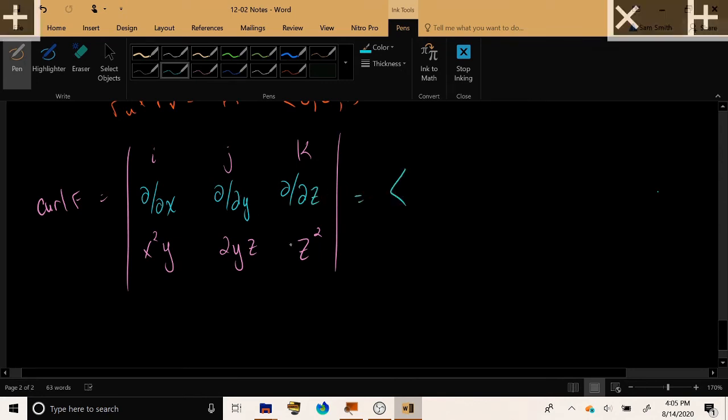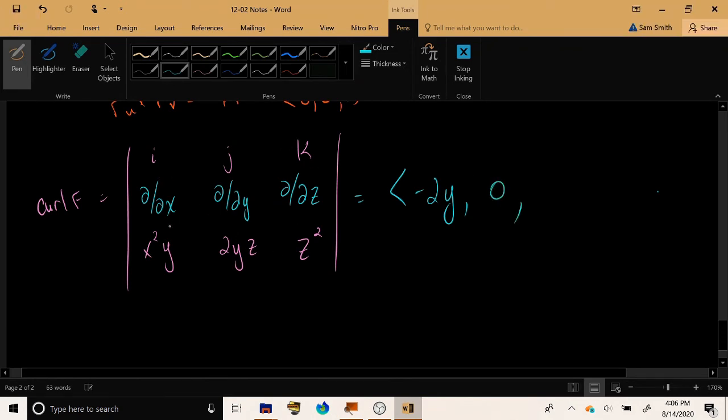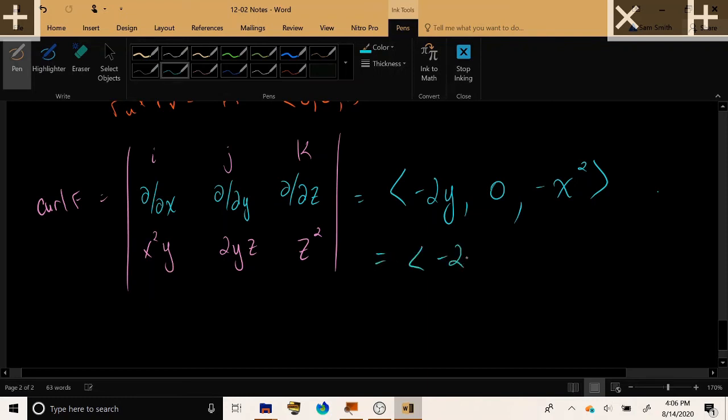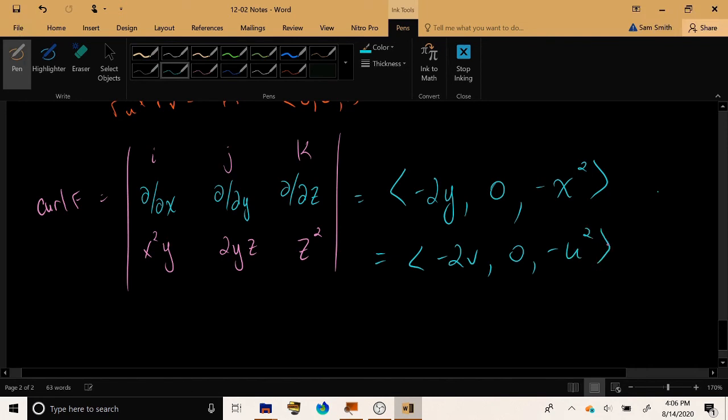So partial y of z squared is nothing. Partial z of 2yz gives 2y, subtracted. And then for j we have 0, it looks like. And then for k we have 0 minus x squared. And in terms of our parameterization, this would be negative 2v, 0, negative u squared.